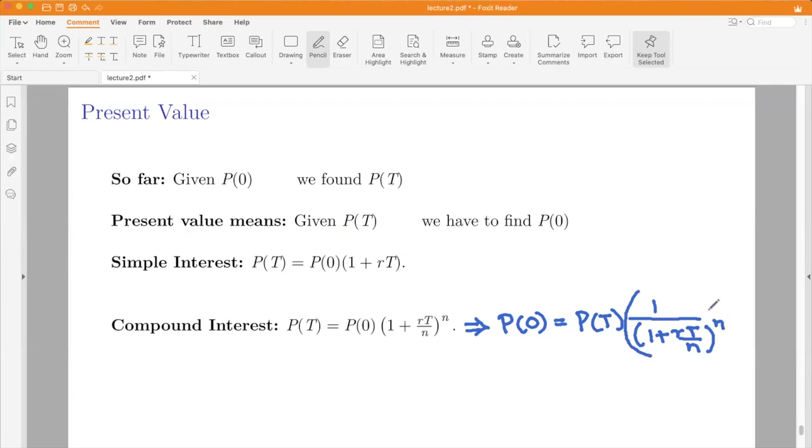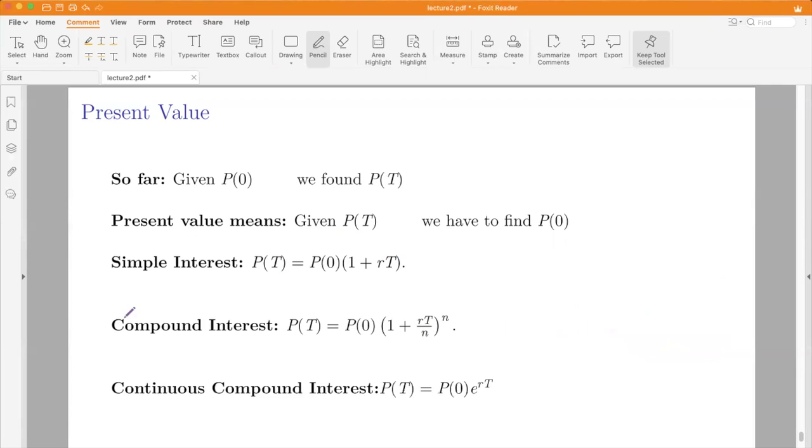So this is the formula for present value. And if you go to continuous compound interest, if you recall, we simply call this compound interest when n is finite. Actually, it is also called discrete compound interest. In the continuous case, we have P of 0 is equal to P of t into e to the power of minus r t.